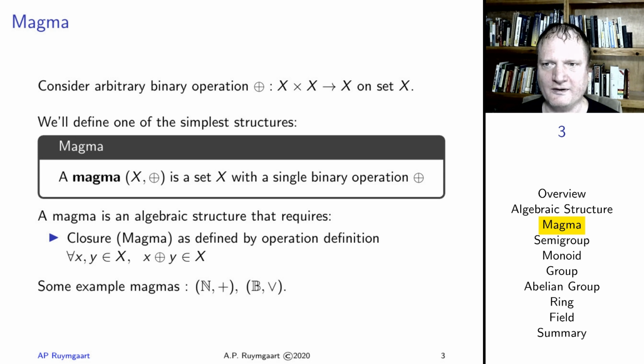Now we're going to go from simpler to more complicated algebraic structures, and we'll start with a structure called a magma.